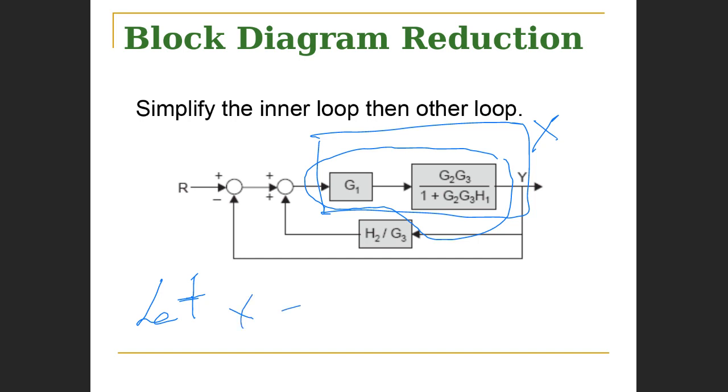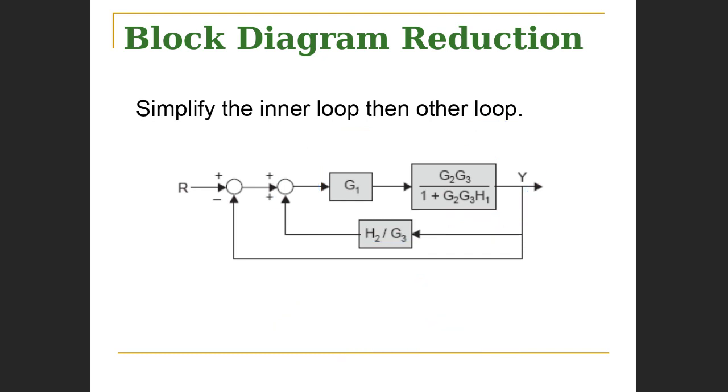Let X equal G1, G2, G3 all over, and writing is not the best, but I have to just work with it. It's my handwriting. I can't go any further than this. All right, are we seeing that? That will be equal to X, and then you would simplify this loop right here. All right, we simplified that loop there, and we'll continue.